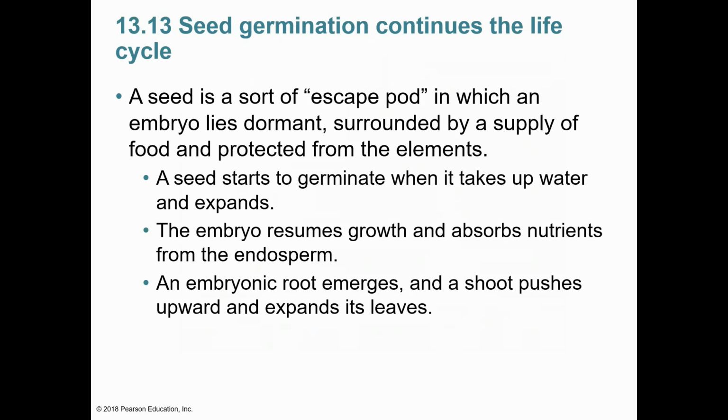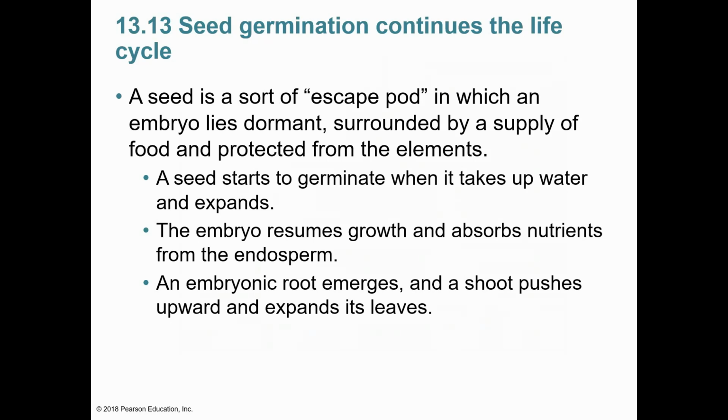Alright, so seed germination, how does that work, you may ask? That will be what we look at now. A seed is going to be what we call an escape pod, where the embryo will first lie dormant. It's surrounded by a nice supply of food, the endosperm, and protected from the elements by the seed coat.